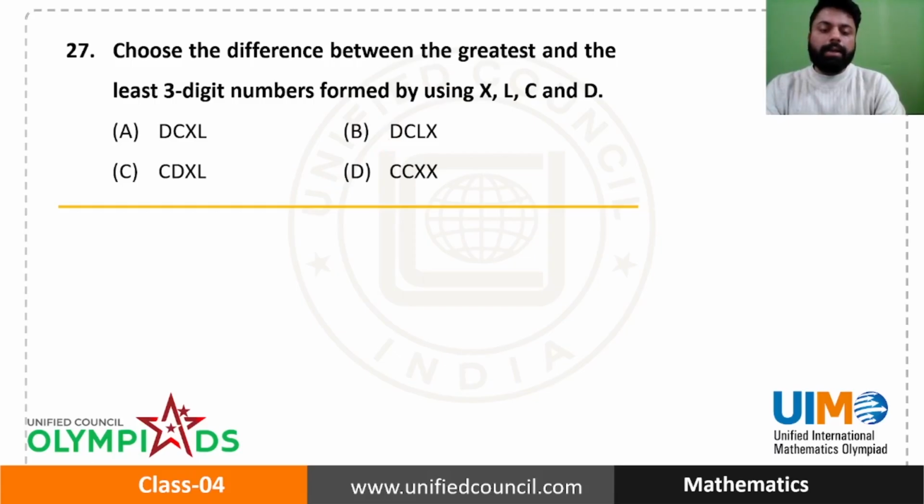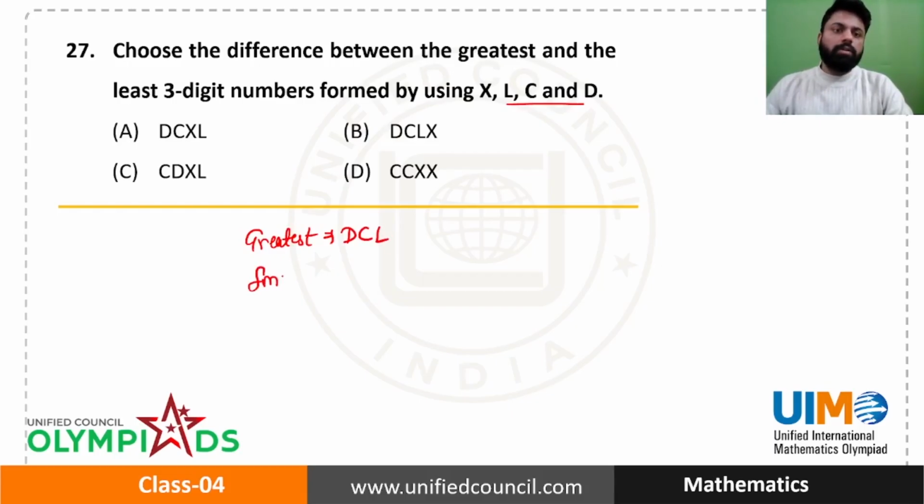If we talk about the greatest three-digit number, we will take the bigger three, DCL, and arrange them in descending order. And in the case of the smallest one, we will not take the next part.